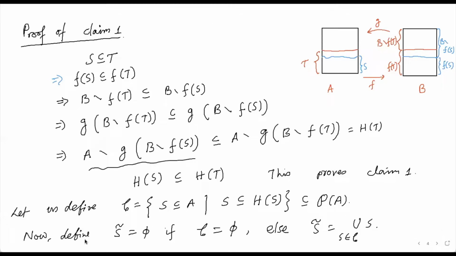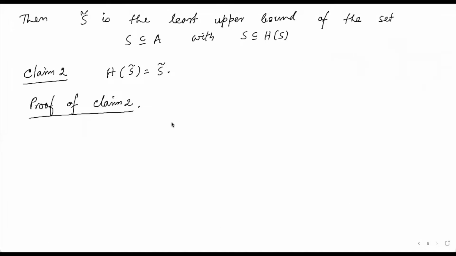S tilde is defined by this: S subset of S tilde for all S belongs to script C. Basically, S tilde is the least upper bound, defined by the union of all elements.